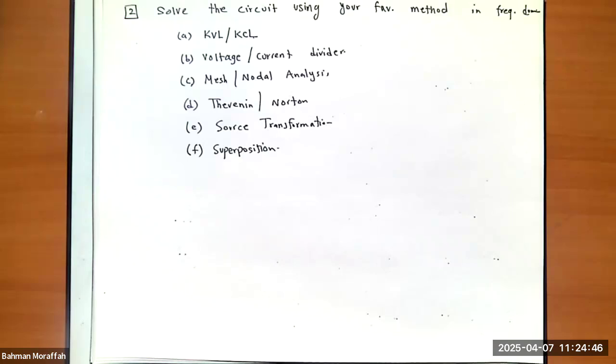What I can do is apply superposition in the time domain, and zero out all the sources but one. Now I have a circuit that's operating at exactly one frequency. Now I can take it to the frequency domain and solve it the way I want, and then convert it back to time. I can do this for all the sources I have. And I know superposition holds true in the time domain. So this superposition is particularly useful if you have multiple frequencies.